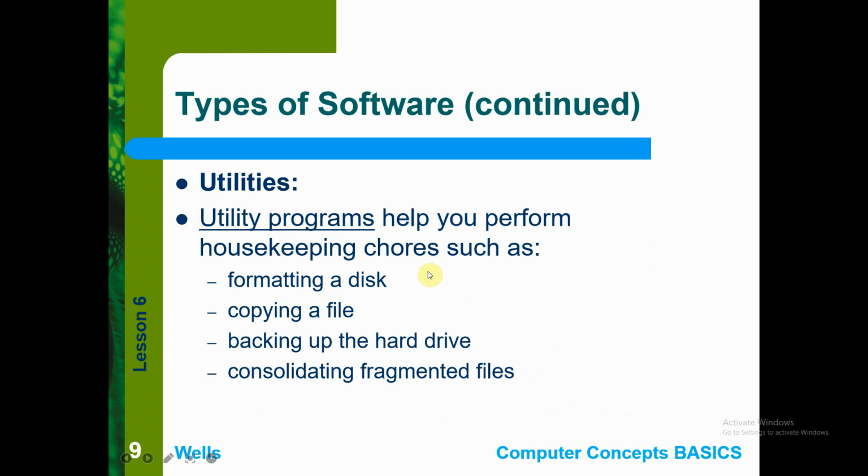So we also need the utility programs to help kumbaga we have the housekeeping chores in our computer system. So these functions usually have this as formatting a disk, making a file, backing up the hard drive, and consolidating fragment files. So usually these utility programs are included din sa aton nga operating system.